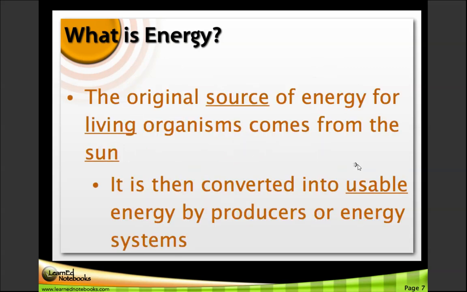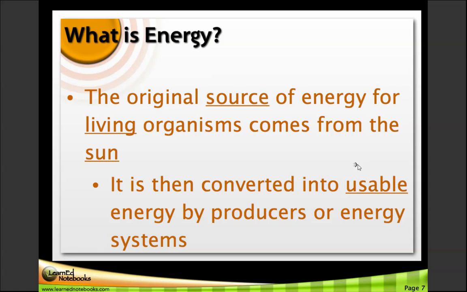Now, the original source of energy for all living organisms comes from the sun. It is then converted into usable energy by producers or in energy systems. Last year, you were remote learning when we were talking about plants and ecosystems and biomes.